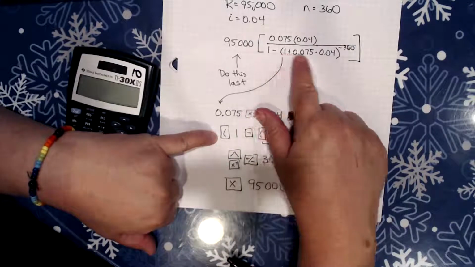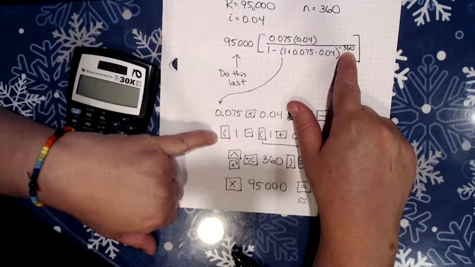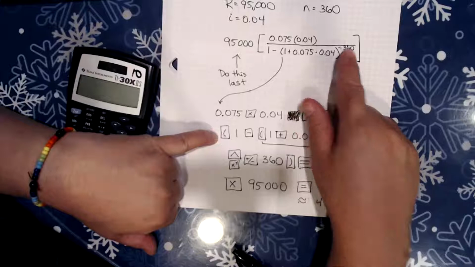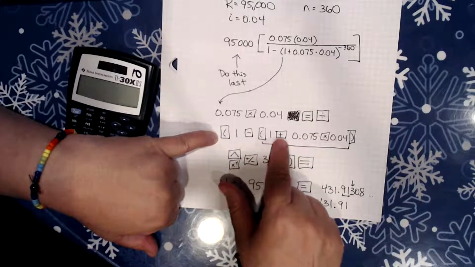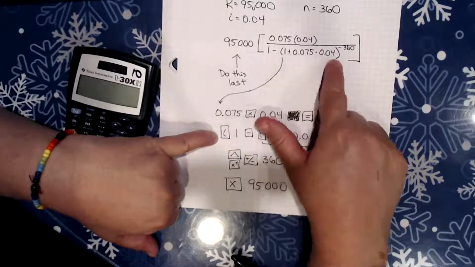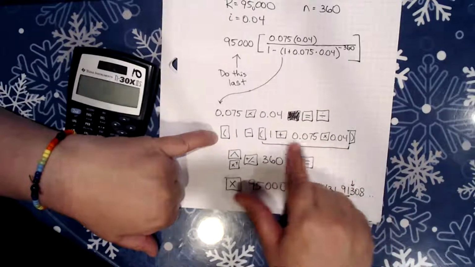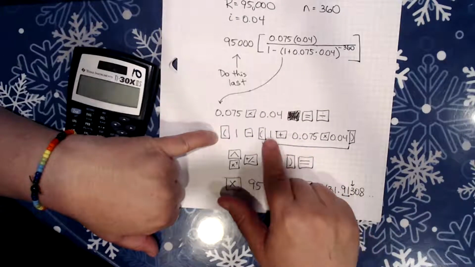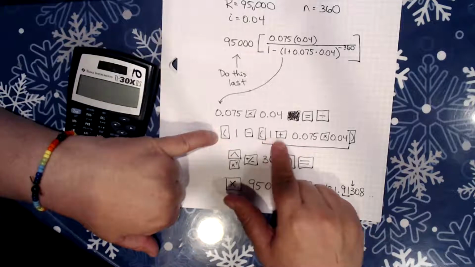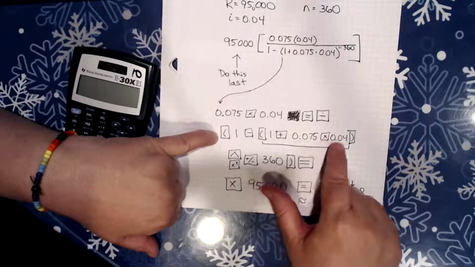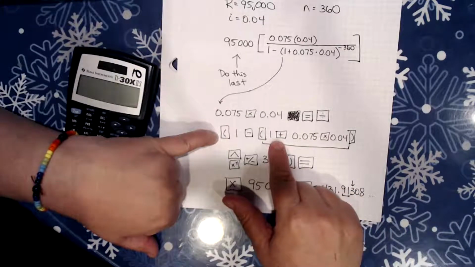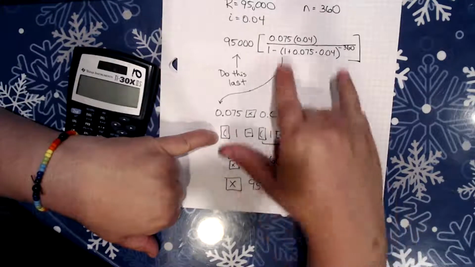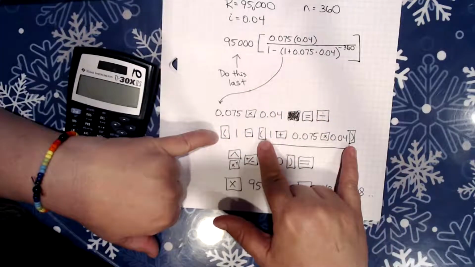Because this is all raised to the negative 360th power, I'm going to open another parenthesis, 1 plus, and then multiply these two. The nice thing is you don't have to use parentheses for multiplication. The calculator will generally know 1 plus 0.075 times 0.04. These will multiply first, and then it'll add the 1. I'm closing the parenthesis, so that's these parentheses right there.